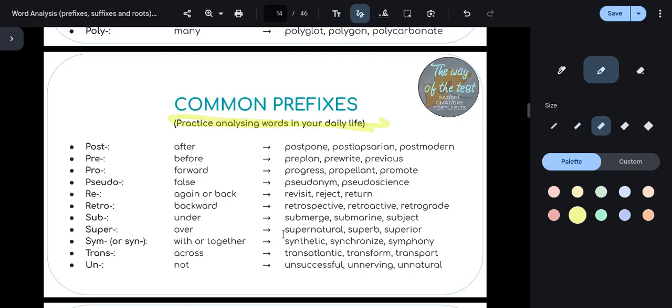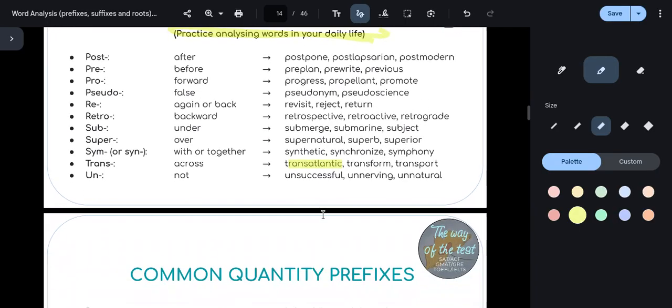Don't think of just, I don't know, transatlantic, that's an SAT or a GMAT or a GRE word. No, use words from your daily life, like the word daily, right? We have day and we have -ly. Oh, so -ly is the suffix for adverb, so that's daily. Again, try to practice this as much as you can. Try to incorporate it into your common daily routine.